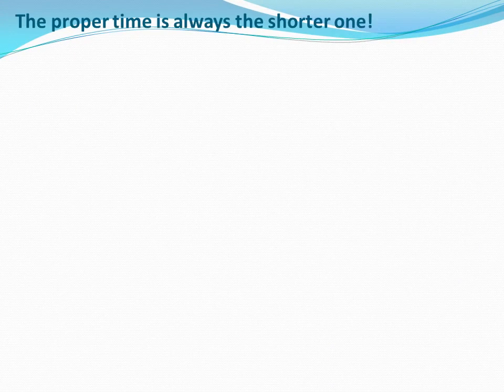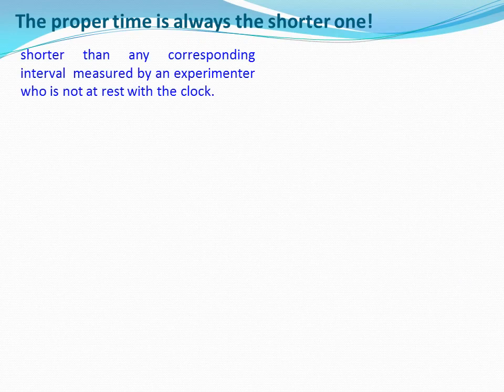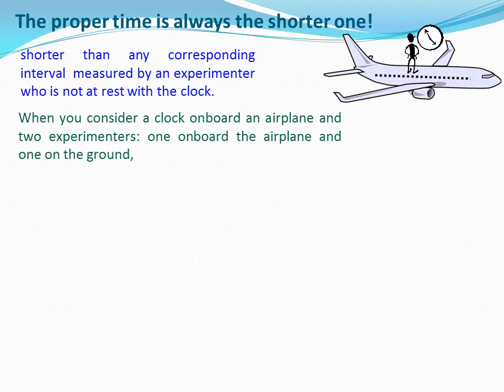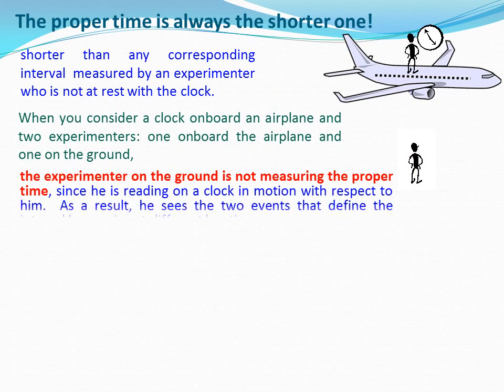The proper time is always the shorter one, shorter than any corresponding interval measured by an experimenter who is not at rest with the clock. When you consider a clock on board an airplane and two experimenters, one on board the airplane and one on the ground, the experimenter on the ground is not measuring the proper time, since he is reading on a clock in motion with respect to him.